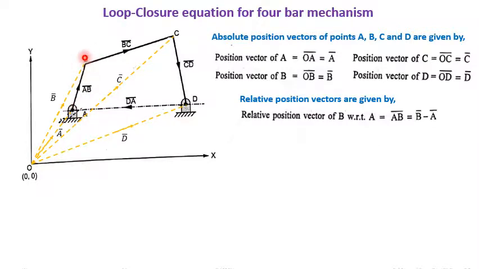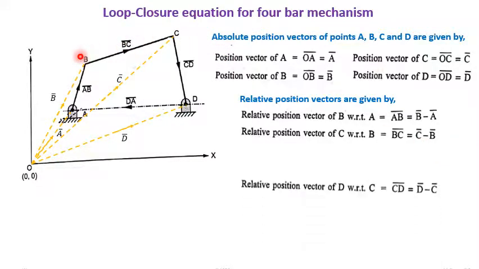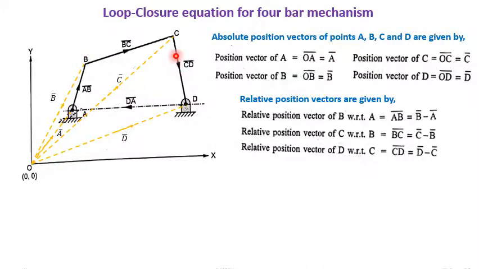Relative position of B with respect to A can be written as vector AB equals vector B minus vector A. Similarly for the second link, the connecting rod BC, the relative position vector of C with respect to B can be represented by vector BC, which is vector C minus vector B. Next, the third link: the relative position vector of D with respect to C can be represented by vector CD, which is vector D minus vector C. The last link DA is the relative position vector of A with respect to D, which is vector DA, equal to vector A minus vector D.